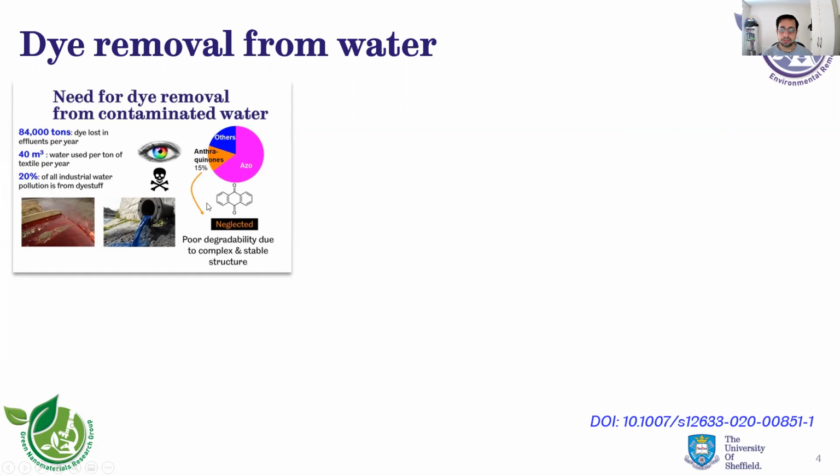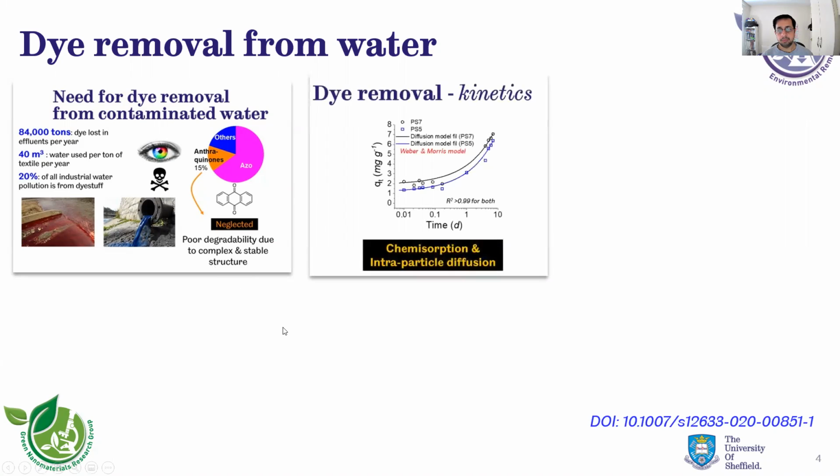And secondly, most technologies are not suitable for environmental remediation at scale because of either cost or other issues pertaining to the technologies used. So we've used our functionalized green nanosilica, and we studied the dye removal kinetics.